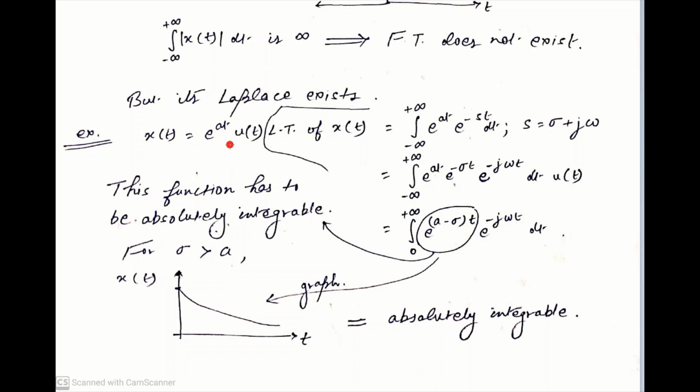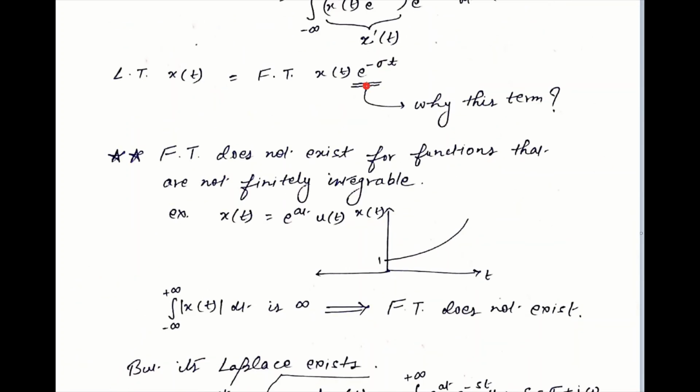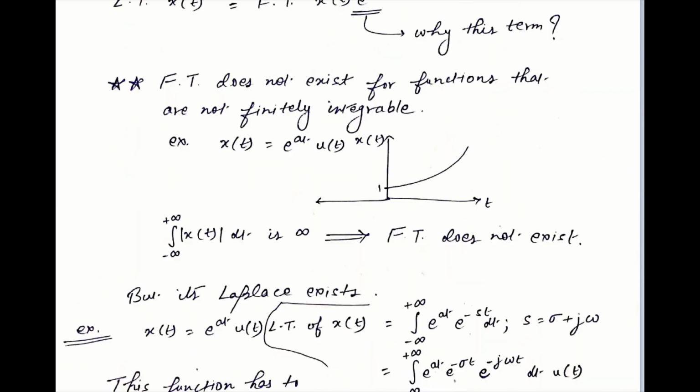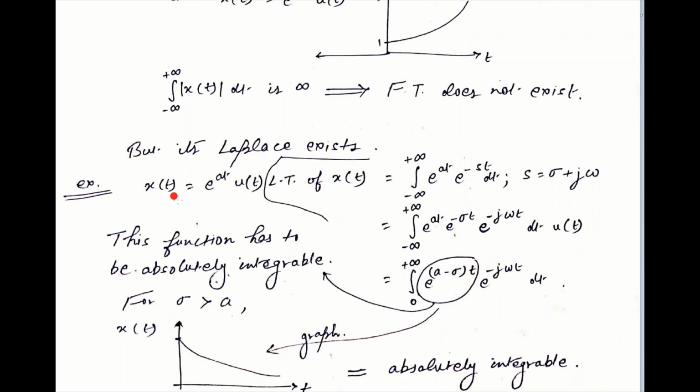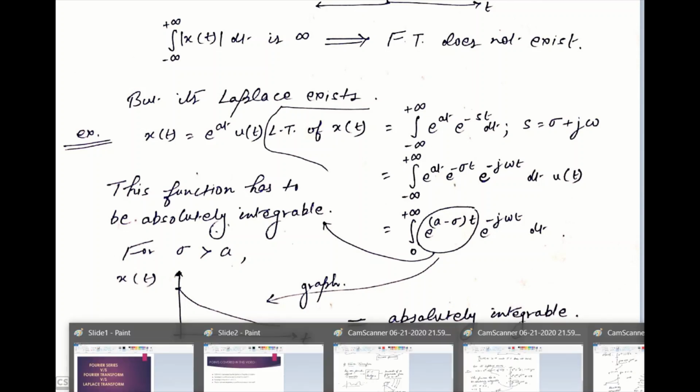But when I talk about the Laplace transform, there is an extra term, e raised to the power minus sigma t, and when we multiply that term with this function x(t), then we want the net function to be such that it is absolutely integrable. That's the whole point of introducing the Laplace transform. All right, I hope now you are clear about this.